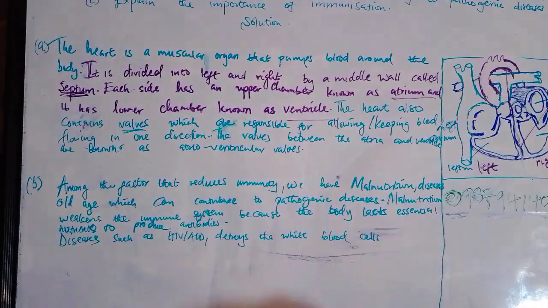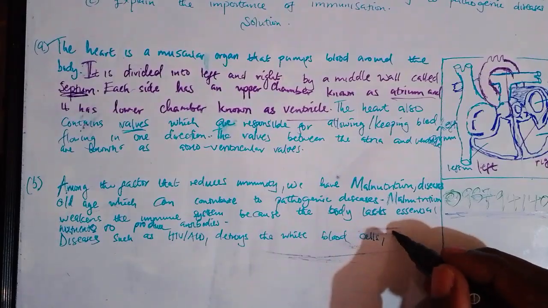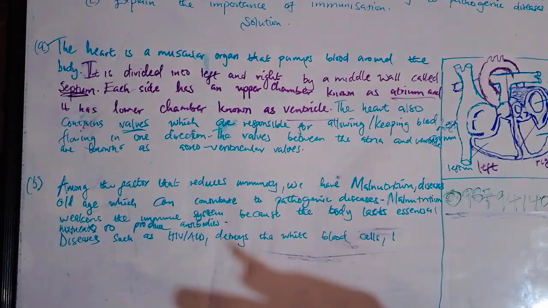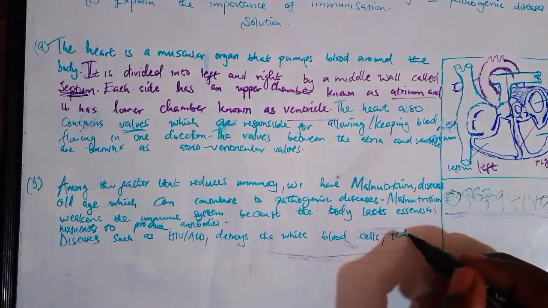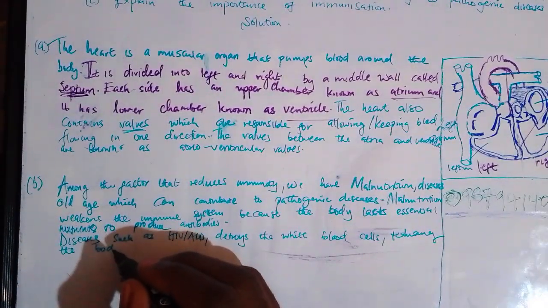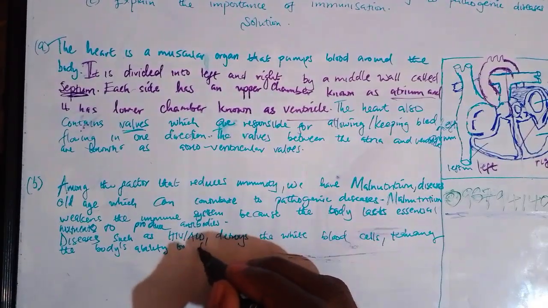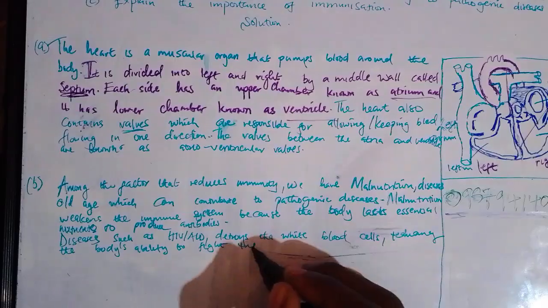So once these white blood cells are destroyed, your body's ability to fight will be what? Will be reduced. Therefore, your body won't fight infection. So you can say now that diseases such as HIV and AIDS destroy the white blood cells, reducing the body's ability to fight infections.